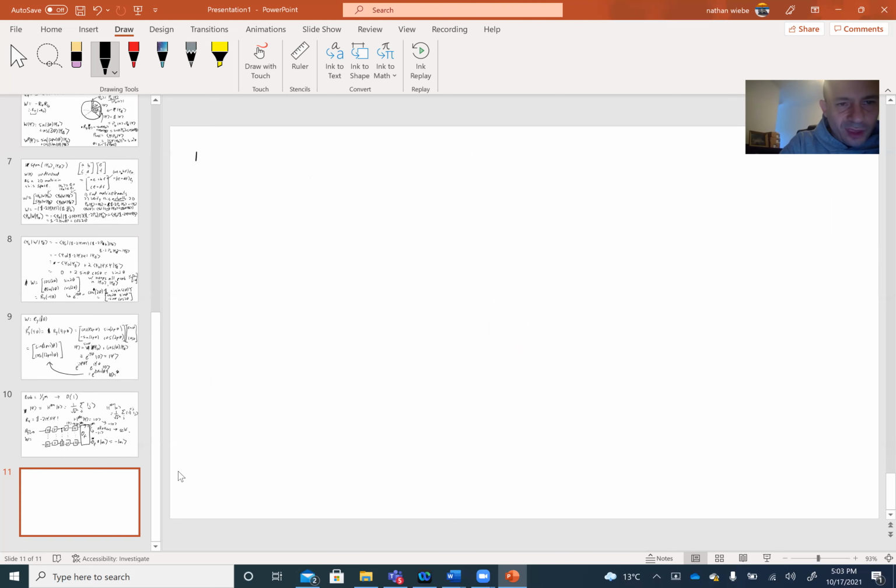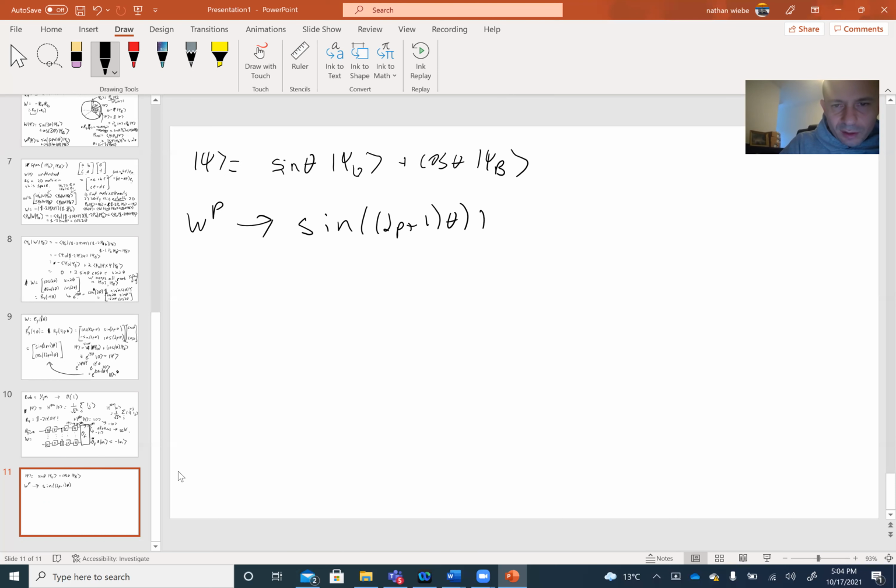Well, we start off with a state psi, which is equal to sine theta psi g plus cosine theta psi b, and W to the p maps this to sine of 2p plus 1 theta psi g plus cosine of 2p plus 1 theta psi b. So now that we have this, what's the probability of success?